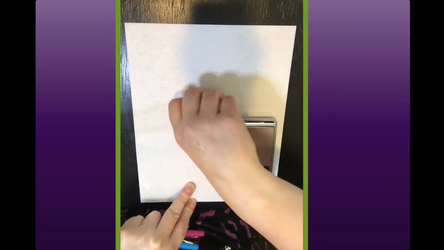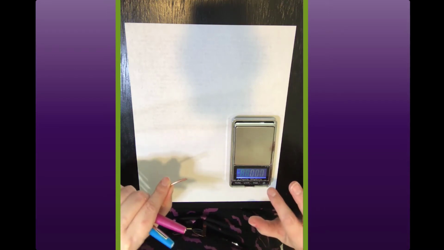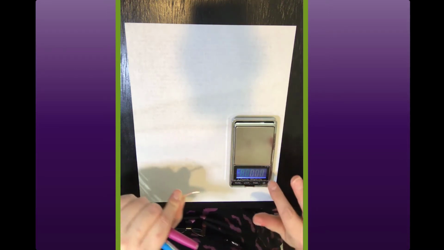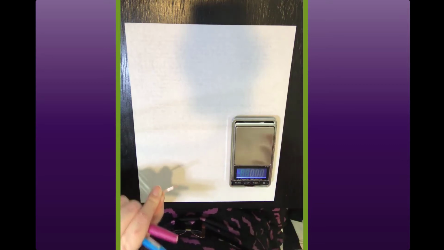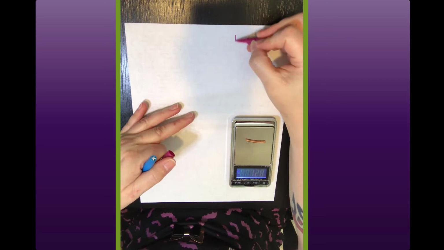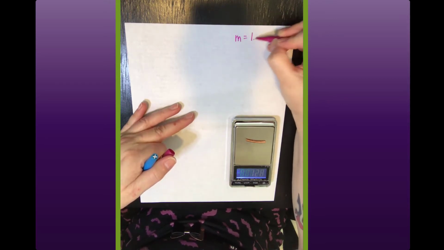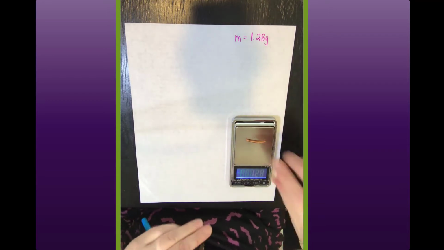Last week when we were collecting data, you measured the mass of your copper rod, so I'm going to do that right now. Every time I turn on the balance, I'm going to make sure it's in the right units. I'm going to go ahead and tare the balance just in case. Now, my copper wire has a mass of 1.28 grams.